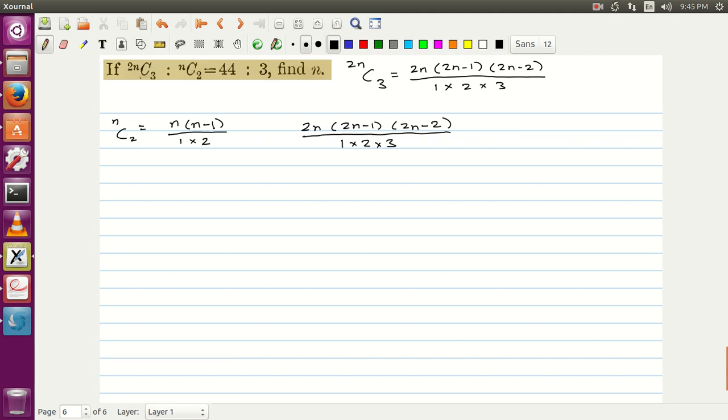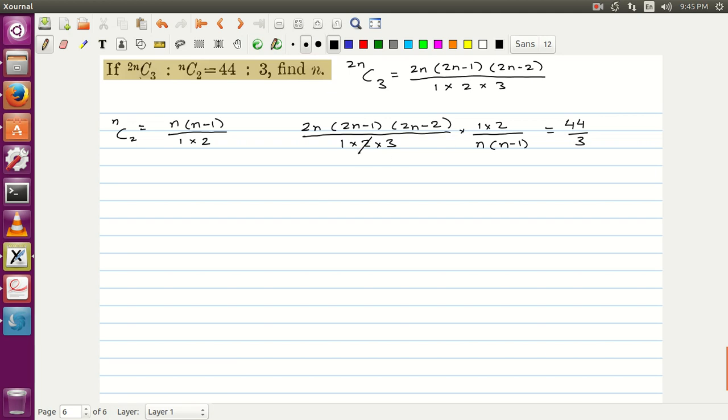So this is divided by this term. So if this is divided, this will go into the numerator. So you can write it as multiplied by 1 times 2, and this term will go in the denominator. So this will be n divided by n minus 1, and this ratio has been already given to us. This is 44 over 3, right?